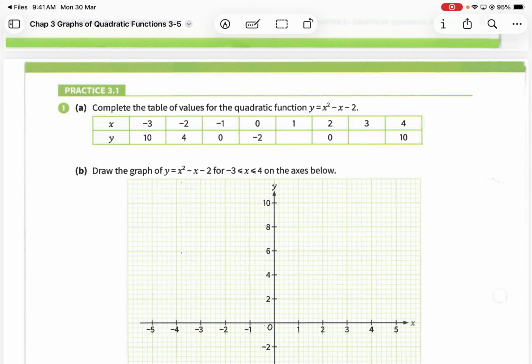Okay, later then I tell you. Hey, I was supposed to bring the curve ruler, I forgot again. Okay, page 82.